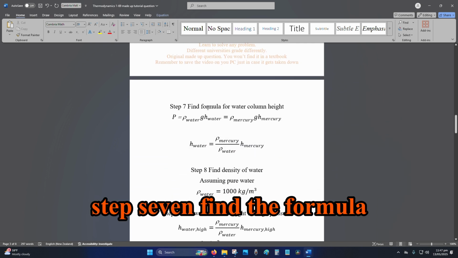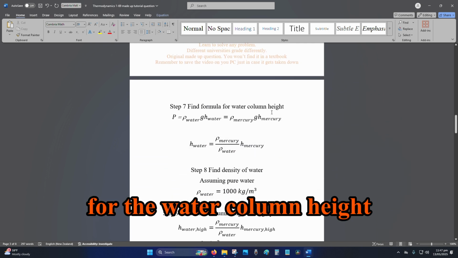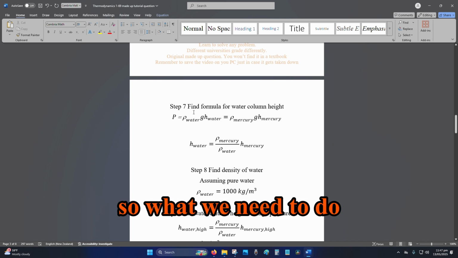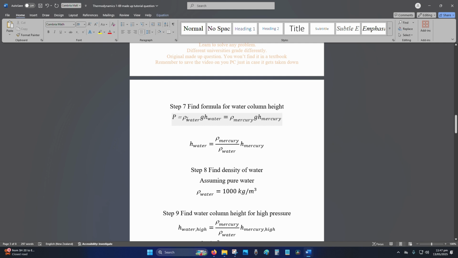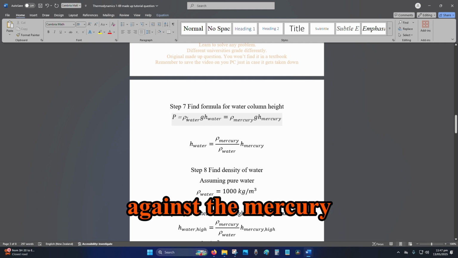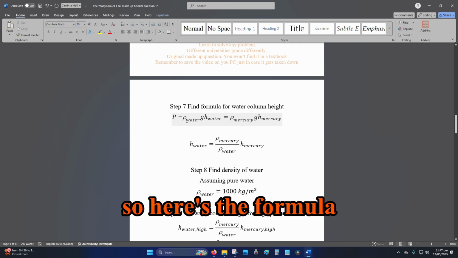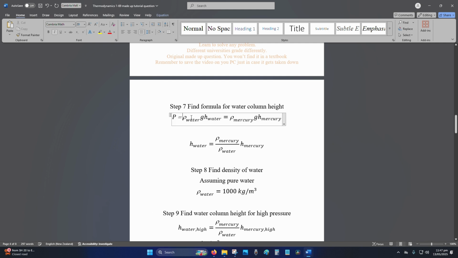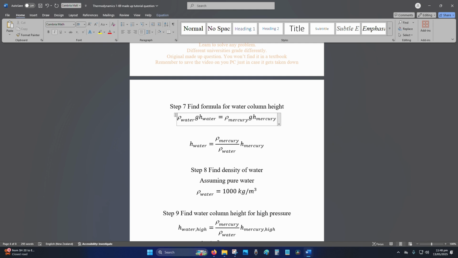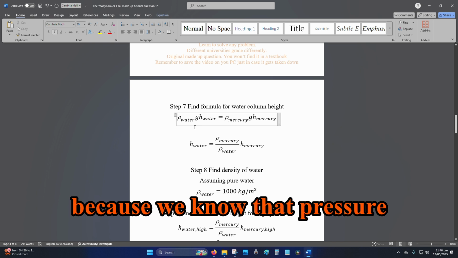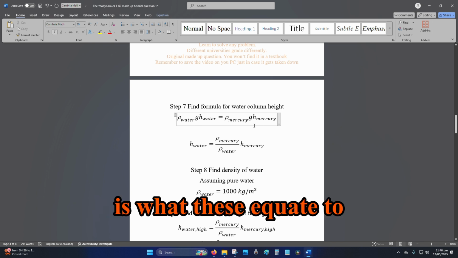Step 7, find the formula for the water column height. So what we need to do is we got to equate the water against the mercury. So here's the formula. In fact, you can probably delete pressure because we know that pressure is what these equate to.